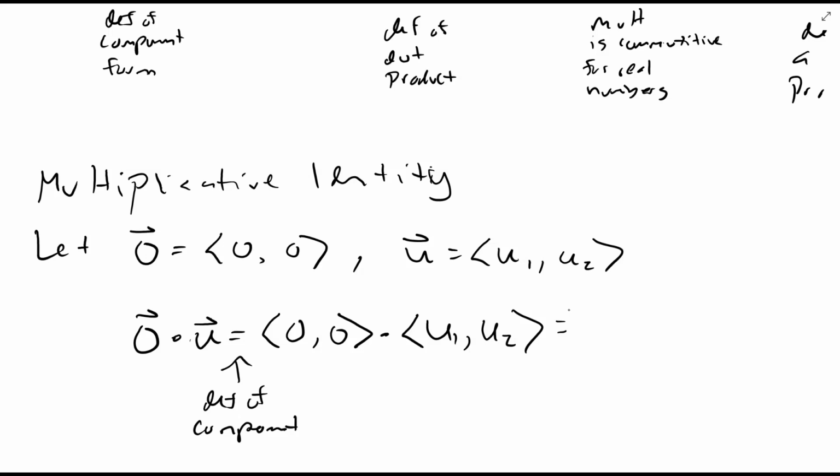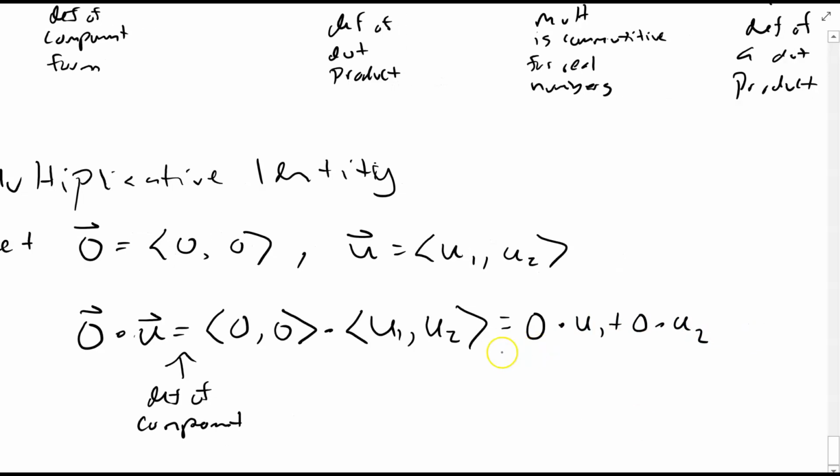Let's use the definition of the dot product, right? Because if I look at the right-hand side of the multiplicative identity, it's a scalar. And what's 0 times u1 going to be? 0.